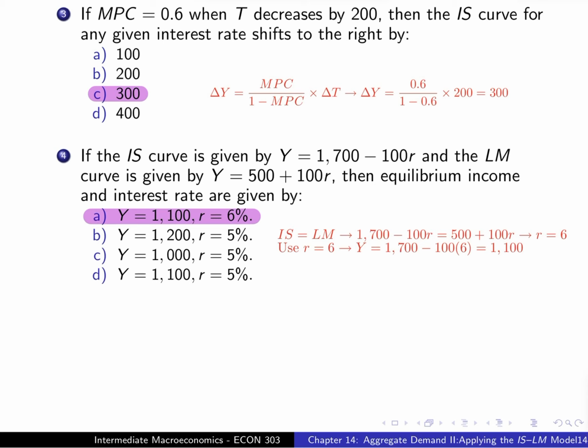We also learned that changes in the price level affect real money balances and shift the LM curve. This connection helps us understand the shape of the aggregate demand curve. The ISLM model gives us a useful way to see how policy decisions and economic shocks affect the economy.